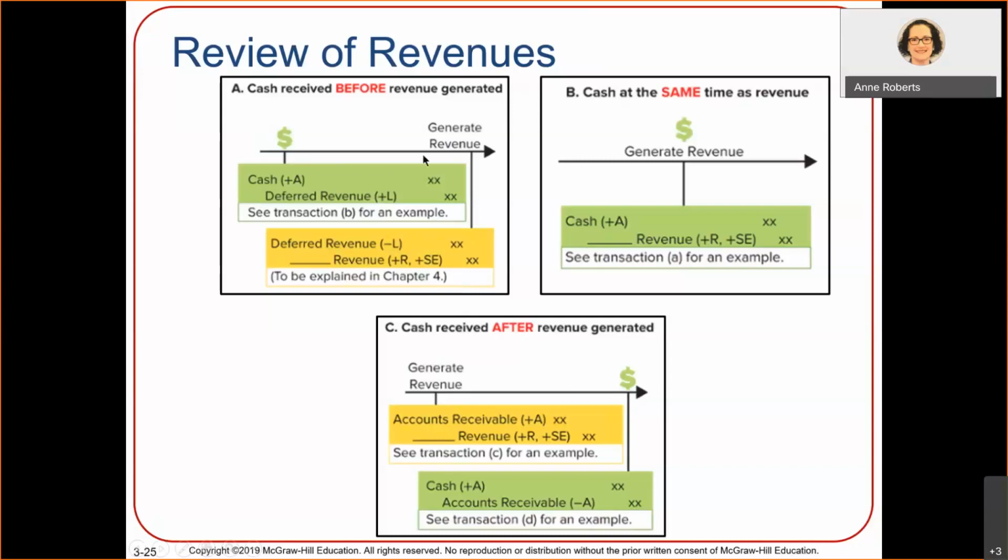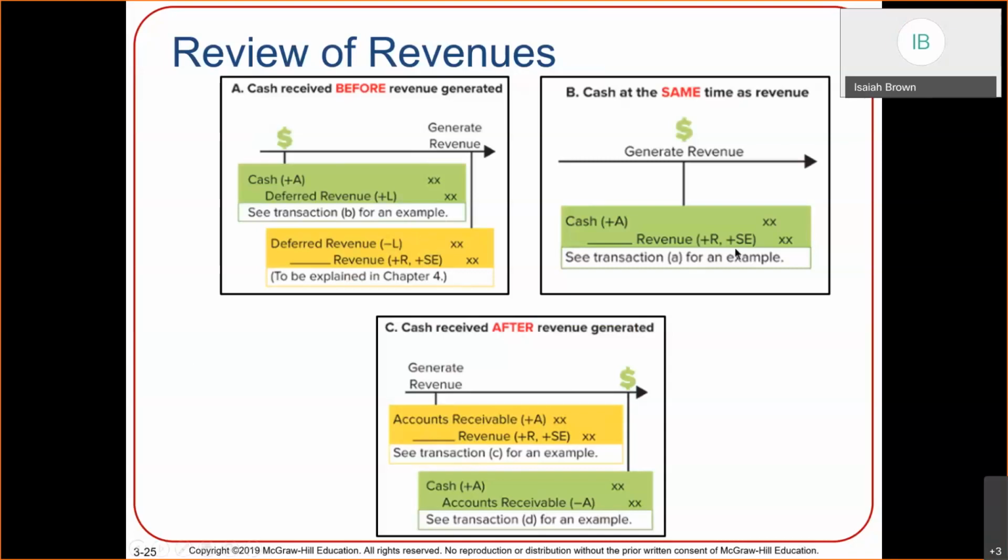Somebody comes in and buys a gift card and then uses it later, so we collect the cash first and then we earn the revenue later. Here, we collect the cash and earn the revenue at the same time. Here, we earn the revenue first and collect the cash later. You see the differences?